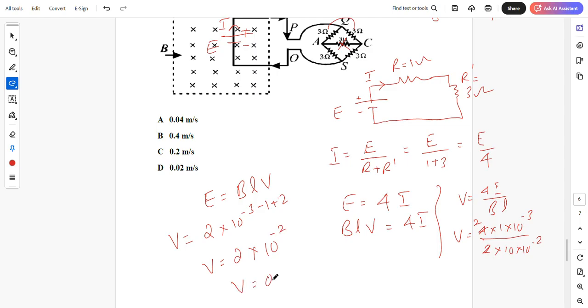That is V is equal to 0.02 meters per second is the answer. Hope you understood this one.